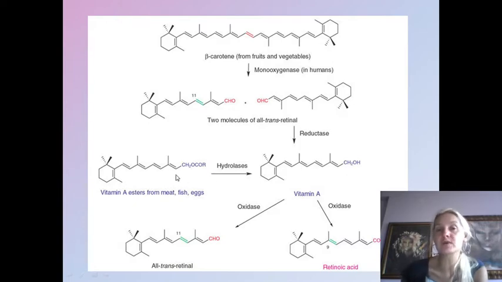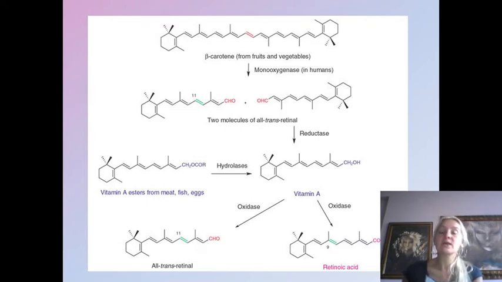The story is much more simple with vitamin A from animal dietary sources. So vitamin A, if found in the form of esters from meat, fish and eggs, is subjected to hydrolysis with specific hydrolases to form vitamin A. Vitamin A or retinol can be further subjected to retinol dehydrogenase or specific oxidases to form all-trans retinal or retinoic acid.